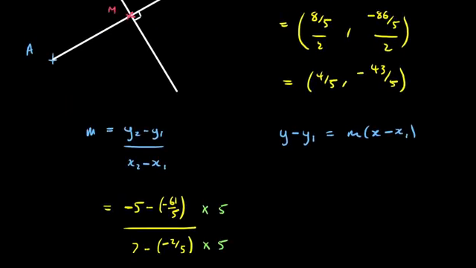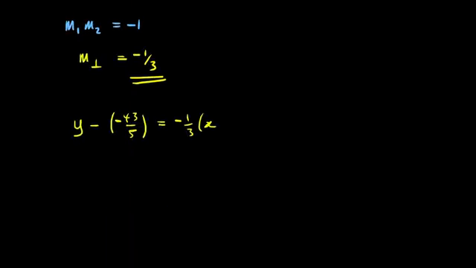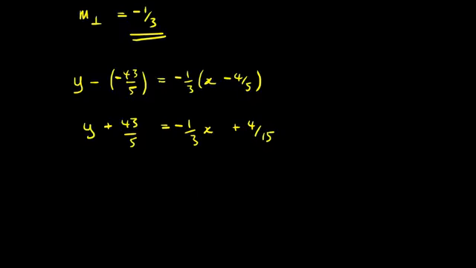Our x1 was 4/5, so we've got minus 4/5. So this is y plus 43 upon 5 is equal to minus 1/3 x plus 4 upon 15. And if you want, we can rearrange this.